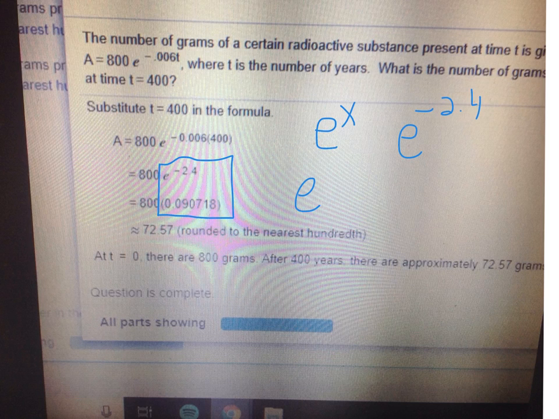Now, e is a number in mathematics. It's roughly 2.718.